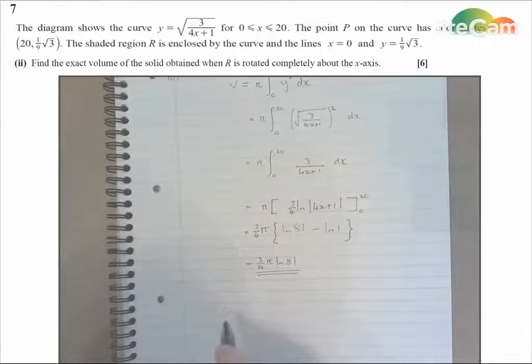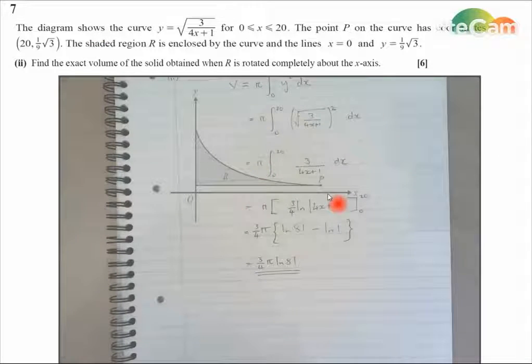So now we're going to take account, let's just go back for a second, of this little bit underneath the curve. Now there's two ways you can do that. I'll do both. You wouldn't have to do both in your exam. The first one I'm going to do is just do the volume of revolution for this line. So imagine I'm rotating that line. Forget about the curve.